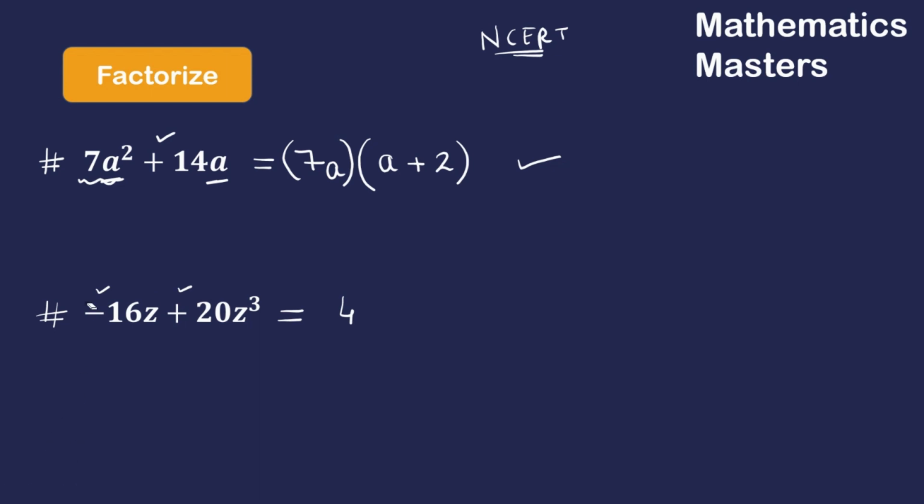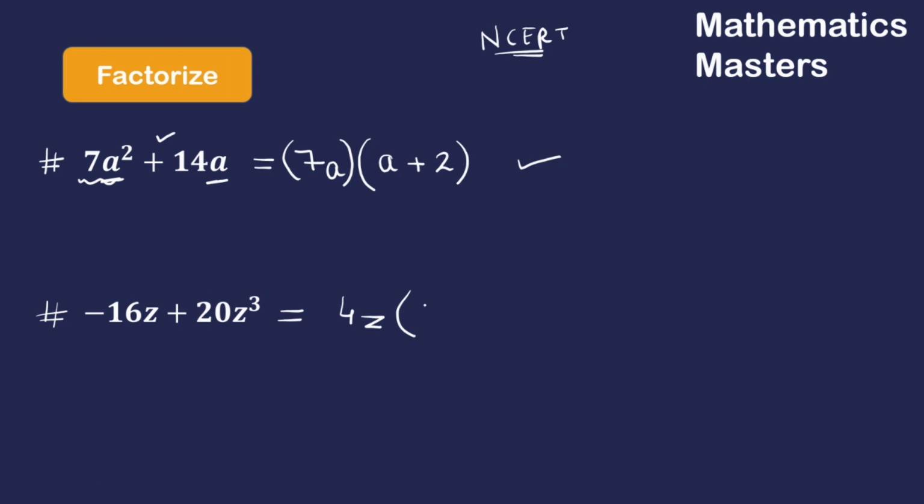So we may take negative, but we are going right now with the positive only. So 4 is the highest number which can divide both of them. Now z and z cube: the highest z which can divide both z and z cube is only z.